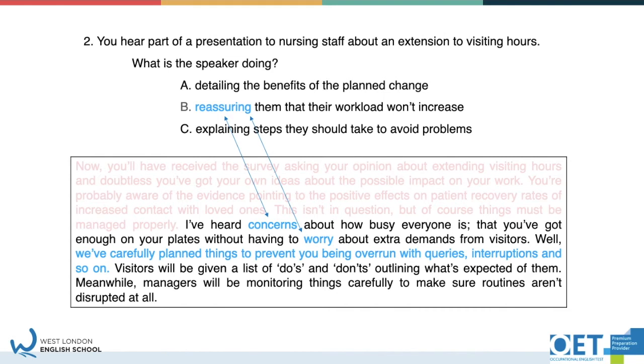And the reassuring comes where they say, we've carefully planned things to prevent you from having these problems, having these concerns and worries. And then we've got to find the workload won't increase. We've got this idiomatic phrase, enough on your plates, which means you already have enough to do. And where it says extra demands from visitors, which would of course be a higher workload.